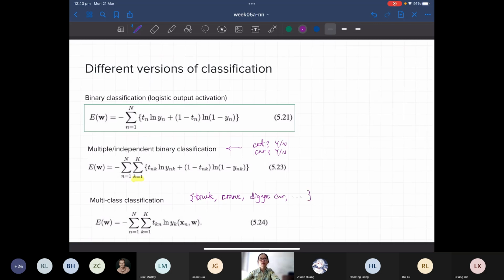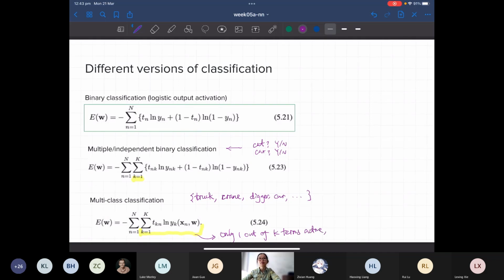A vehicle cannot be simultaneously a digger and a crane. So what's different here is we still have this sum over k term, and only one out of the k terms is active.